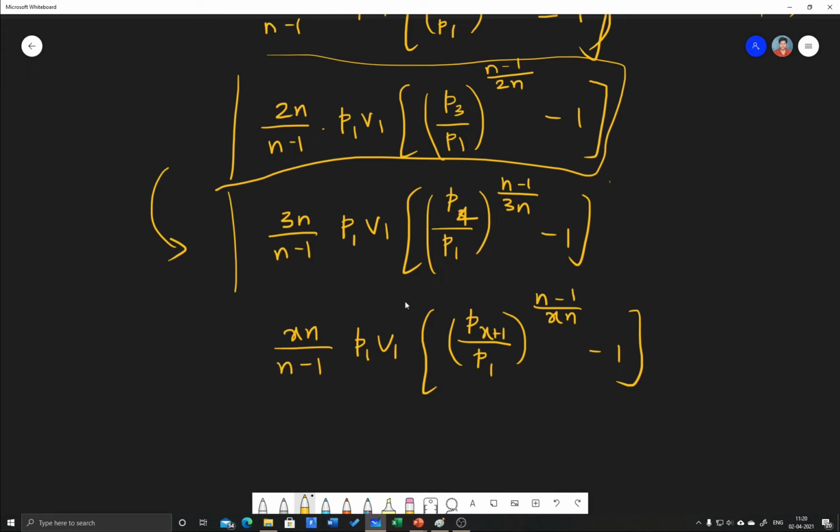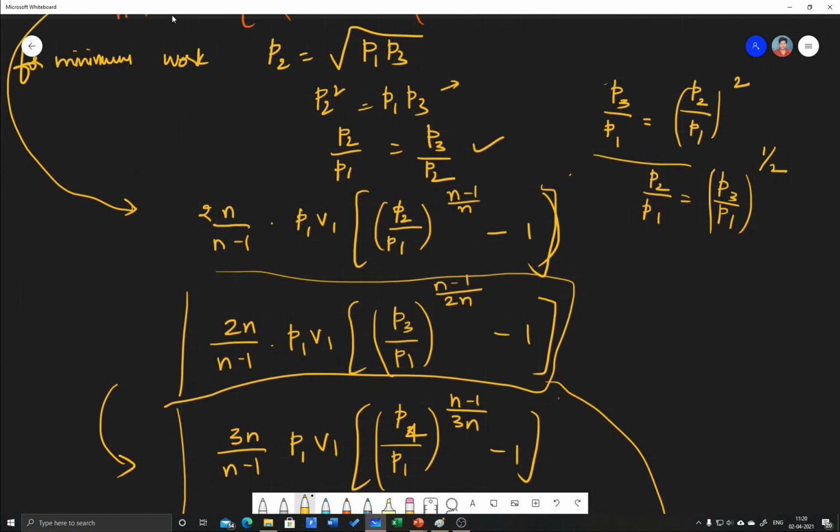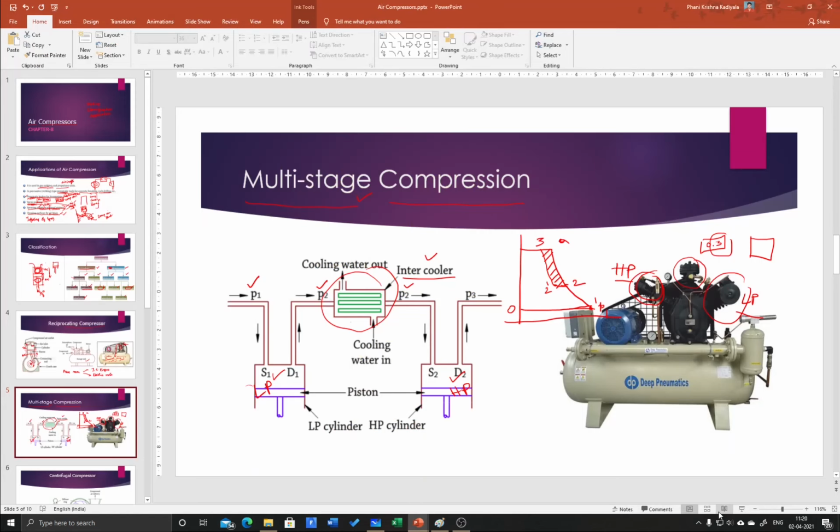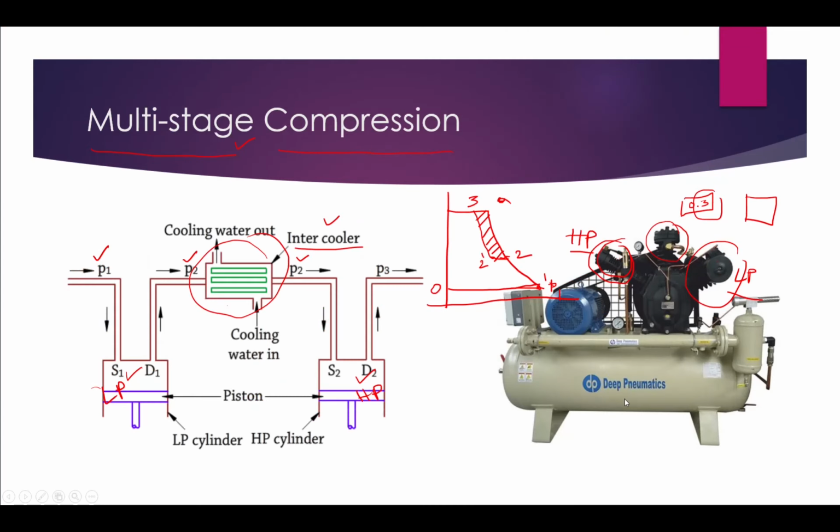Okay, these are the expressions for multi-stage compression, and the condition for minimum work is this: P2 is equal to root of P1 into P3. Okay, that is how multi-stage compression works.